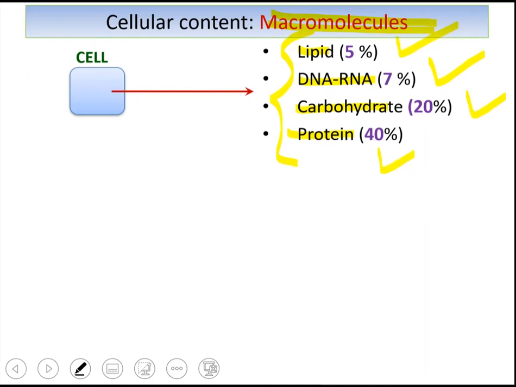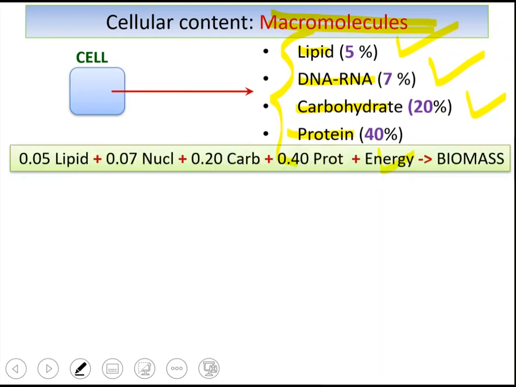But roughly, we have a high pool of protein and a lower pool of nucleic acids usually, and we have a pool of lipids and carbohydrates. So we know this. Experimentally, this can be measured. What is the content of macromolecules within this cell sample? This can be quantified. This is the starting point to write a biomass reaction.